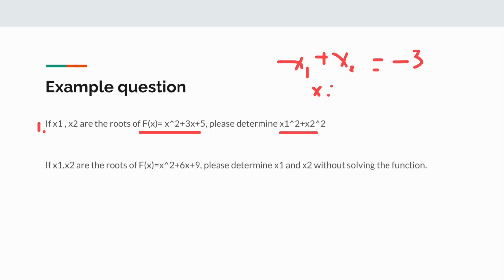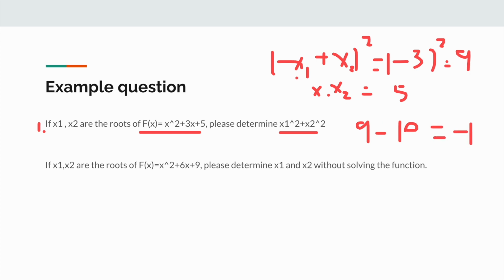Then we find the product of both roots, which is c over a, so in this case it's 5. We square both sides of the first sum and we will get 9. Then 9 minus 10, which is 2 times 5, 2 times x1 x2, gives negative 1.